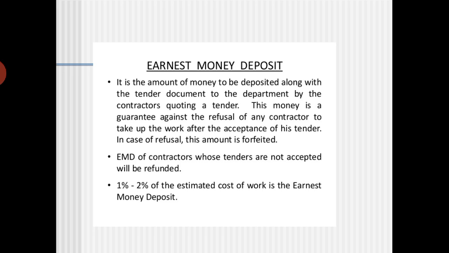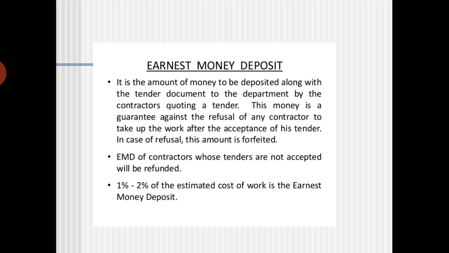Of course, if the tender is not accepted, then it will be refunded. Sometimes they will not refund the EMD. Suppose you submit the tender in a bad manner or if it is not in proper order, they will say that you have to put the tender in a proper manner itself.